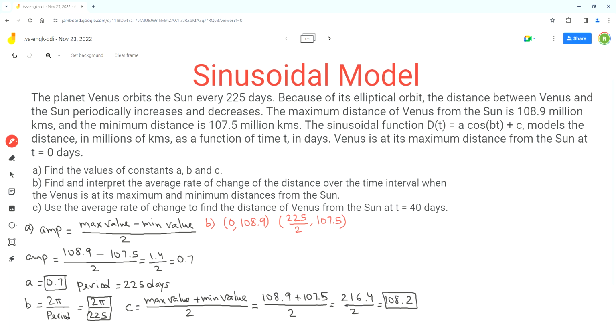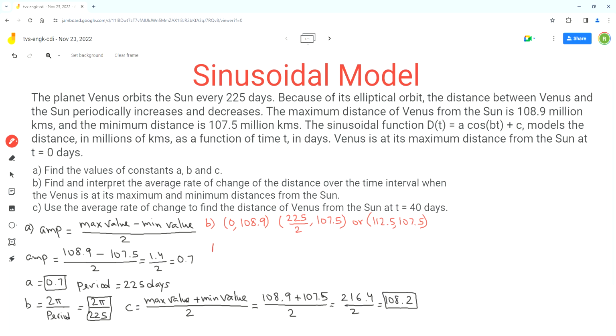Now 225 over 2 can also be written as 112.5, and then 107.5 million kilometers. So these are the 2 points that we can use to find the average rate of change.